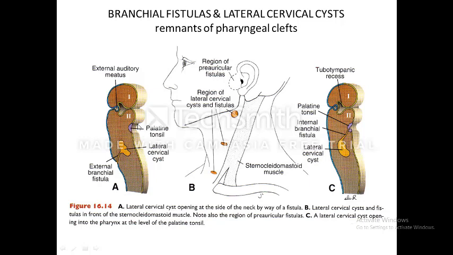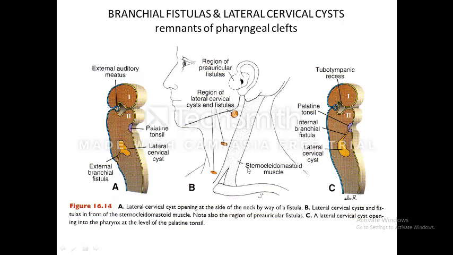In this figure, we show the lateral cervical cysts opening at the side of the neck by way of the fistula. This fistula is an external branchial fistula. Inward, what will I have? A lateral cervical cyst.